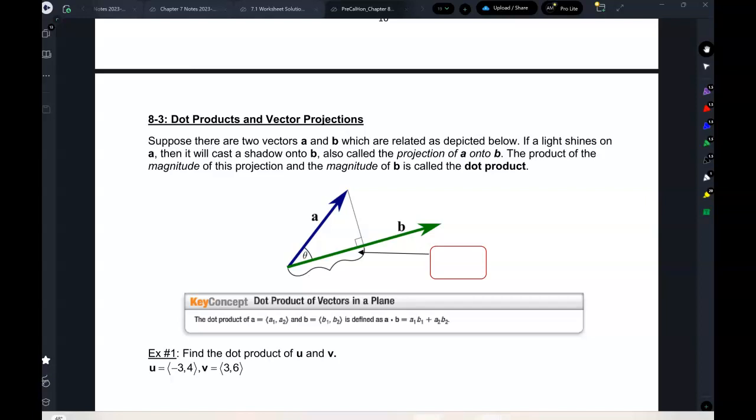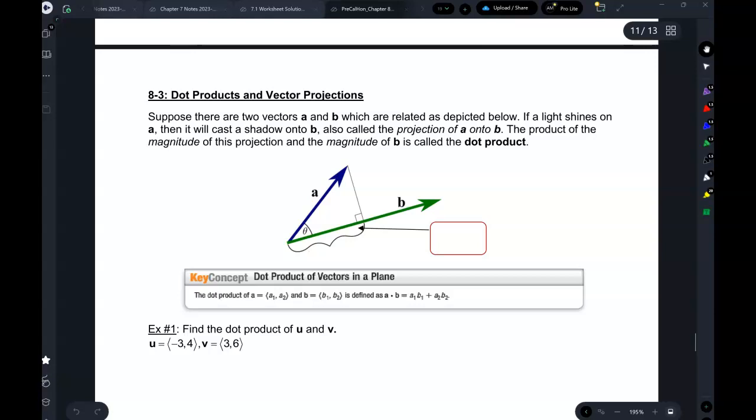Okay, all right. So section 3, we're going to talk about dot products and vector projections. Suppose you have two vectors, a vector A and a vector B, joined at their initial points right here. There are many ways to think about this.